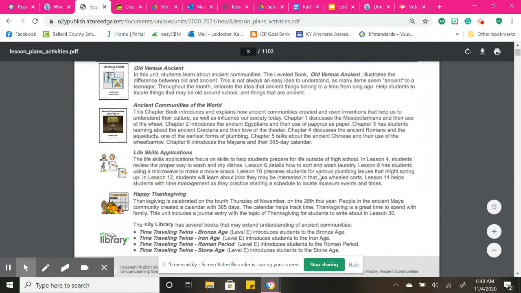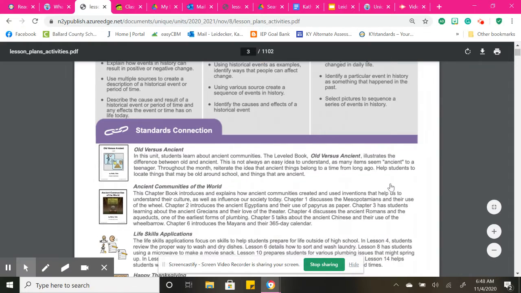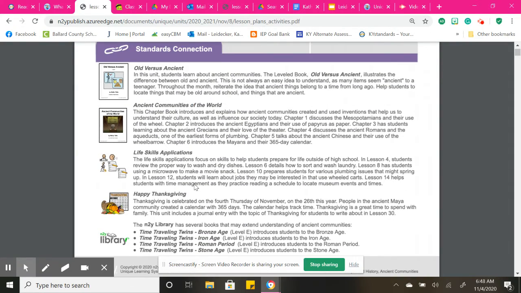Lesson 10 prepares students for various plumbing issues that might spring up. In Lesson 12, students will learn about jobs they may be interested in that use wheeled carts. Lesson 14 helps students with time management as they practice reading a schedule to locate museum events and times.